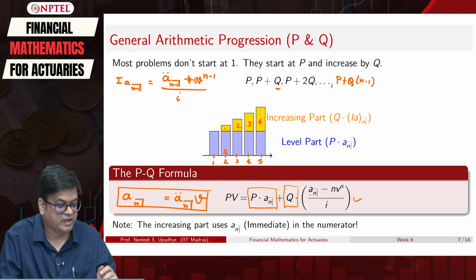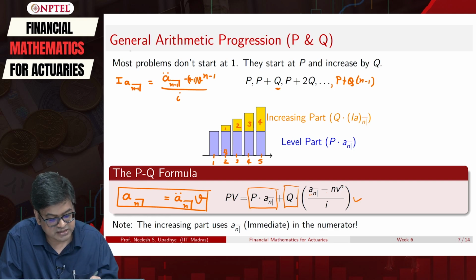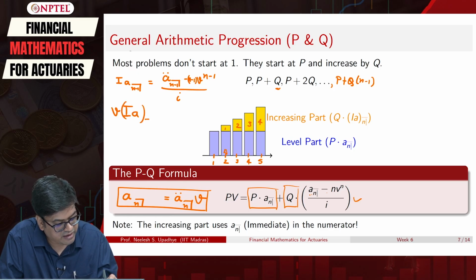Okay. Now, as I mentioned, this particular relation is happening at time point 1 and I have to bring it to time point 0. So, what I need to worry about is v times (Ia) angle n minus 1, right.